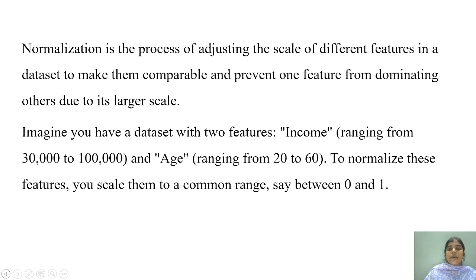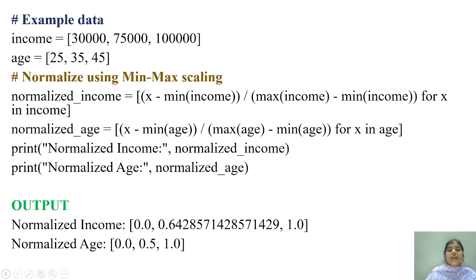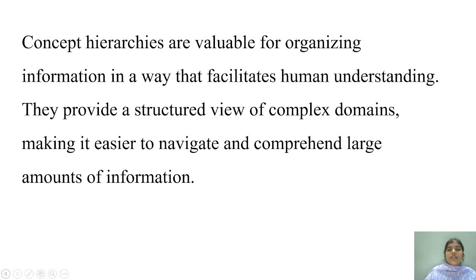If you compare these values, one feature may dominate the other. So we can normalize this data and bring it into zeros and ones so that we can compare the features easily. Here we have applied some normalization techniques, and if you see the output, both income and age are represented in zeros and ones. By doing this, we can easily compare two features without one dominating the other.